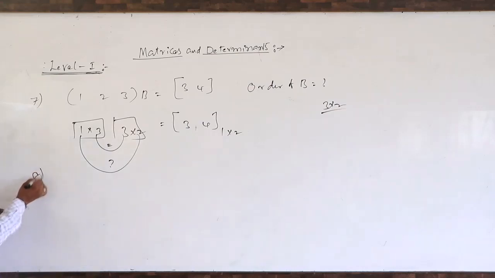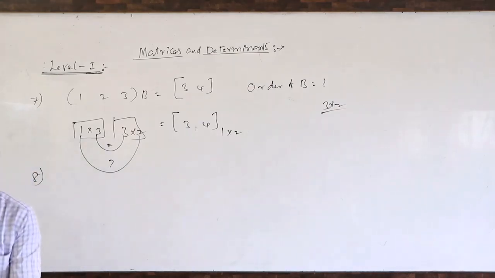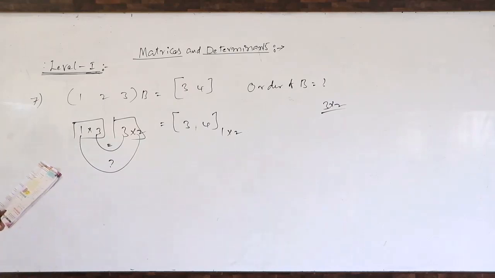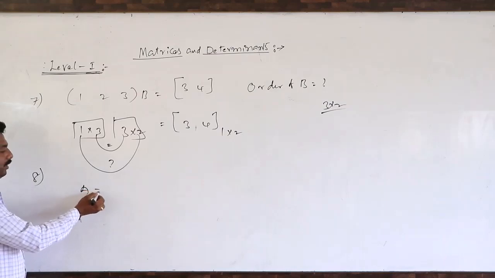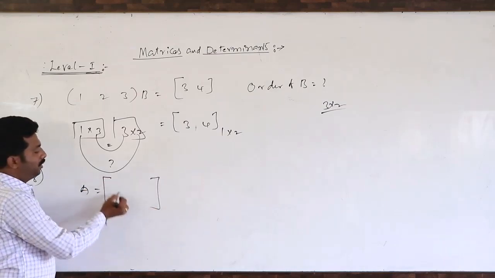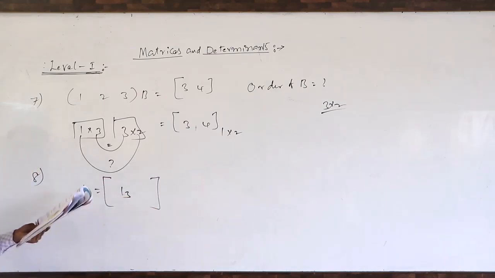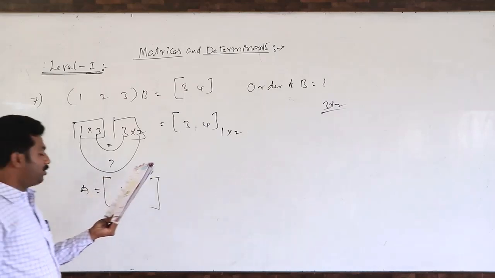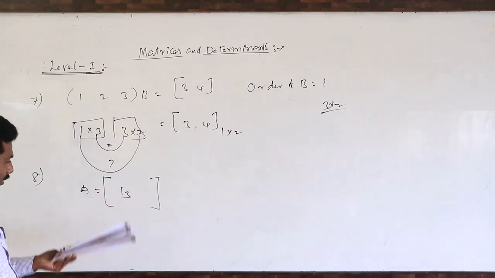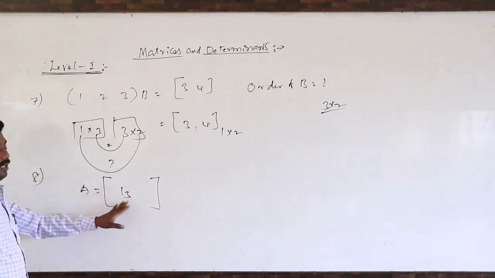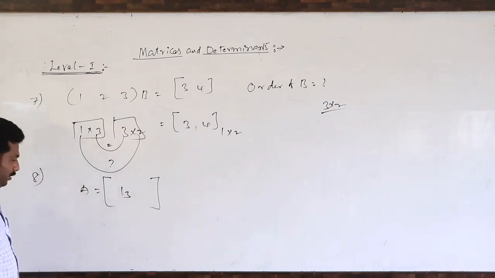Next, number 8. If a matrix has 13 elements, then the possible dimensions, meaning orders of the matrix, how many ways can we arrange these 13 elements?